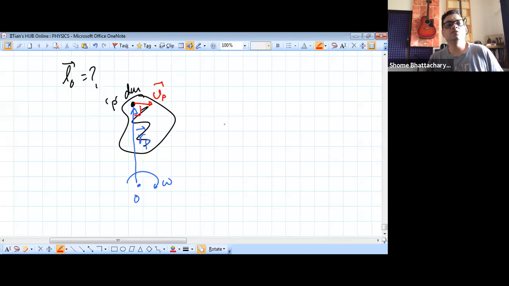So now the angular momentum of that particle about this will be r cross mv. So it will be r of that point P with respect to O cross dm v.